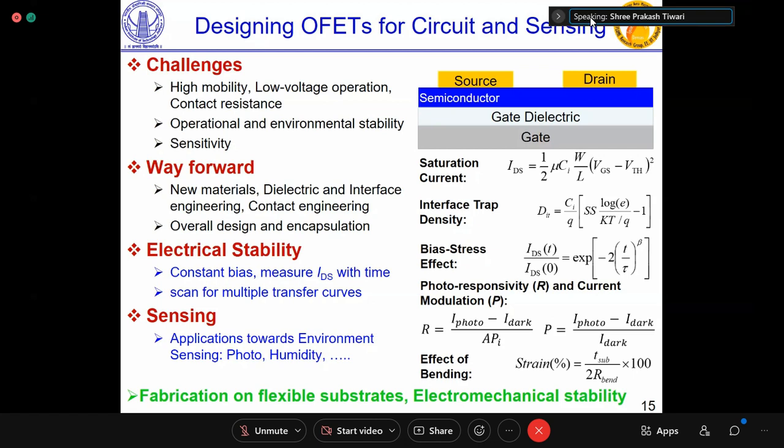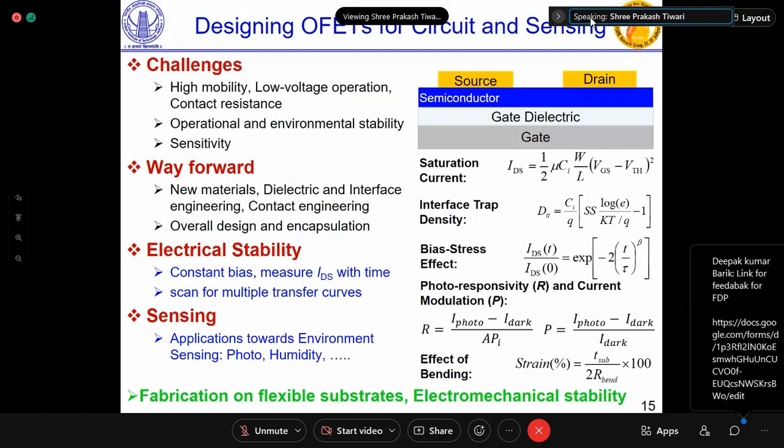It means that when you look at the current output and transfer characteristics, they match this current equation. Hence, it becomes easier to estimate the field effect mobility. Ci we already know, W and L we already know, VGS we apply, and VT we can extract. So from this current equation, we can extract various parameters after characterizing the device.